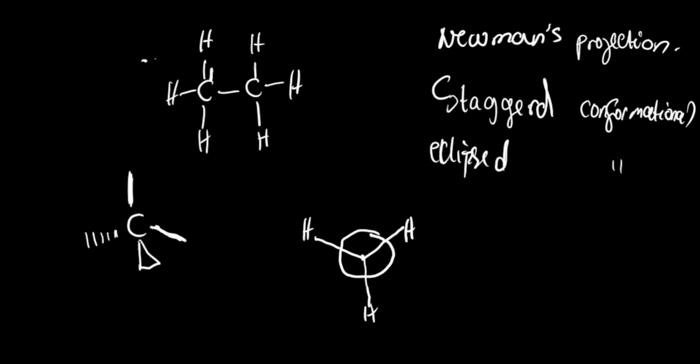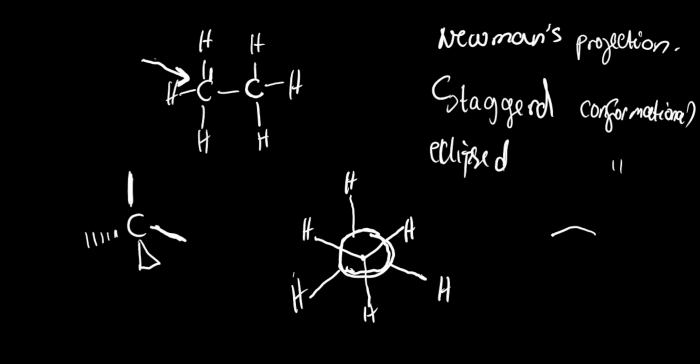Looking at it from this view, it appears as a dot, and because it eclipses the carbon behind, this carbon behind is represented as a bigger circle behind. Now the staggered conformation could look something like this. Here we would have H, H, H. Now notice that this is a specific spatial arrangement. This is the staggered conformation.